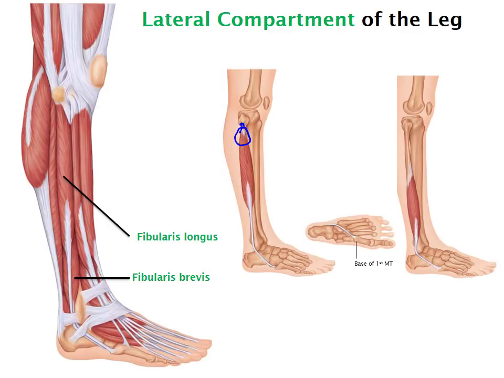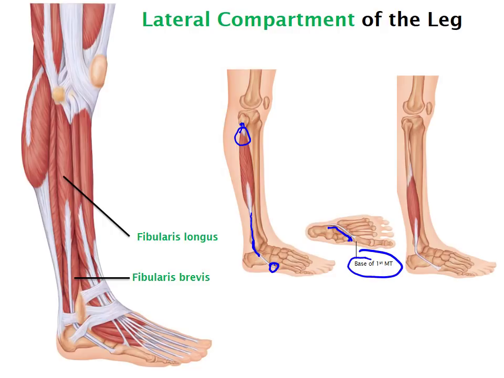It sends its tendon around posterior to the lateral malleolus and through a groove in the cuboid bone laterally, and then it traverses under the plantar surface of the foot to attach onto the base of the first metatarsal and sometimes onto the first cuneiform, or medial cuneiform.